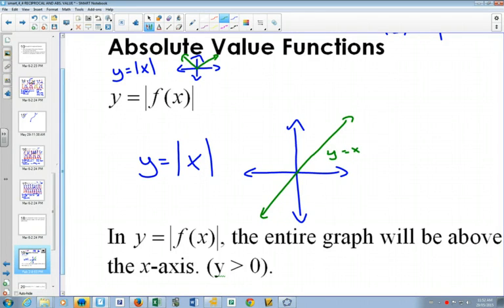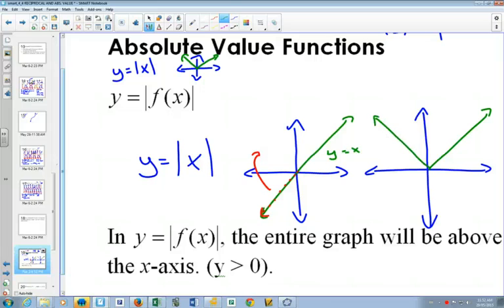All that's happening is this section over here where the y values were negative, well, the absolute value makes your y values positive, so it just gets flipped over the x-axis, and that's why the graph of y equals the absolute value of x looks like this.